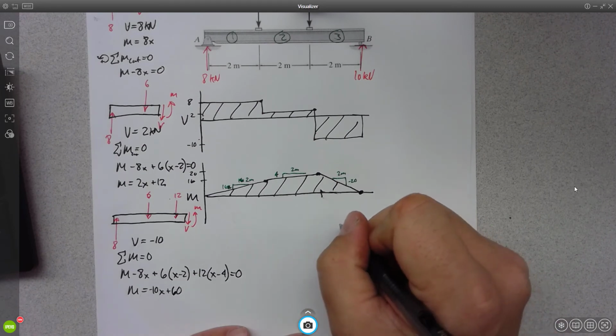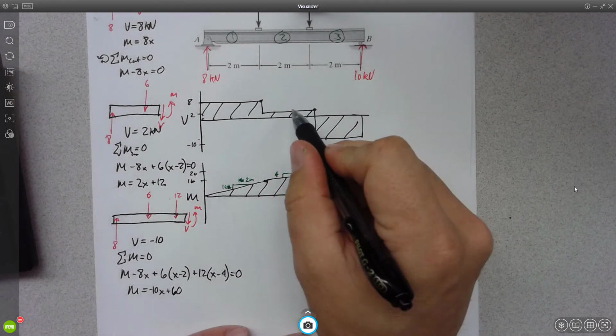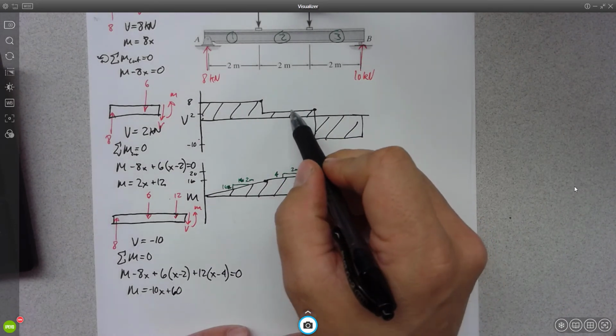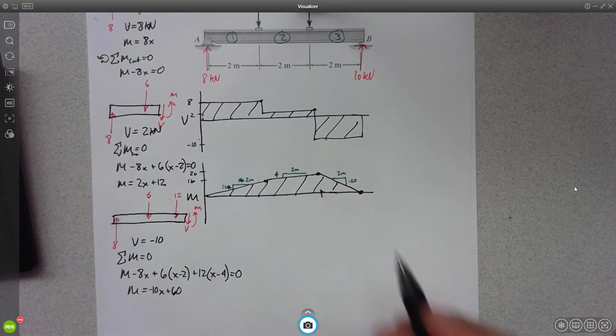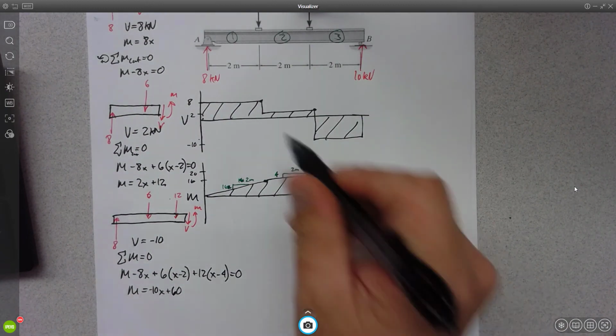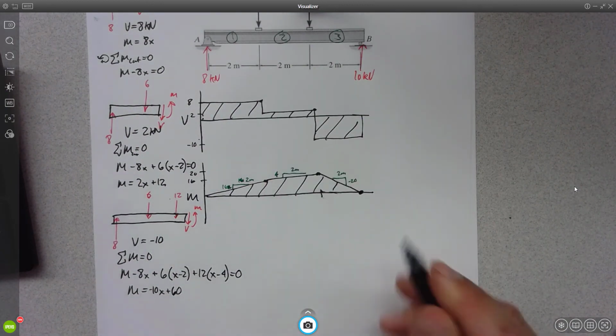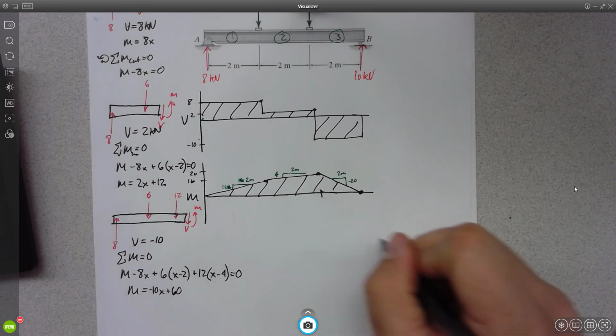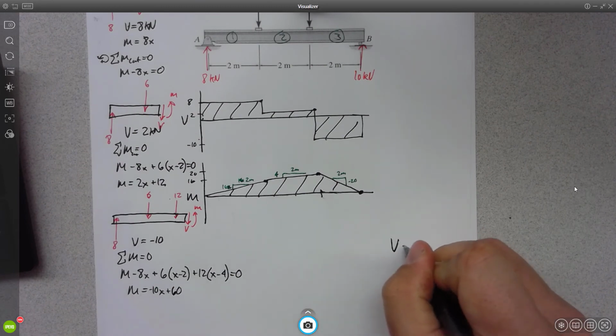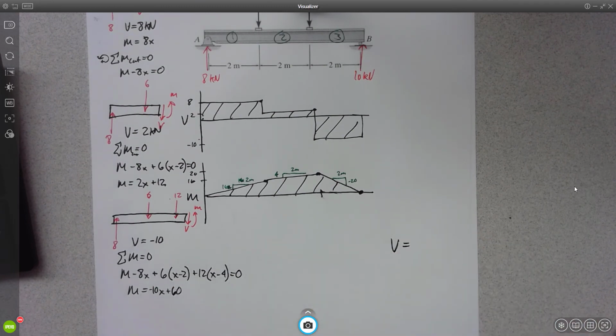And let's start with doing the ones that relate the shear diagram to the moment diagram. So a little bit backwards. We'll start at the end and work our way towards the beginning. Okay? So we're saying that the value of the shear diagram, V, is equal to what? It's equal, somebody said it.